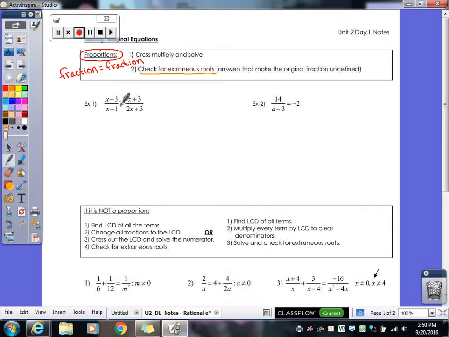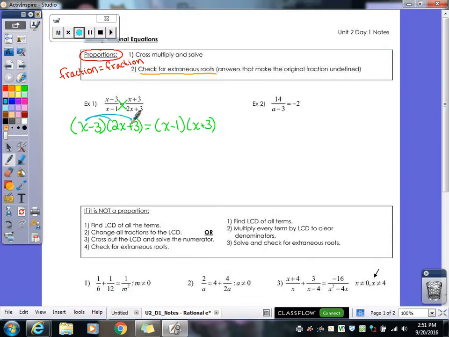Example 1 here. So we have one fraction equals one fraction, so we need to cross multiply. I'm going to do x minus 3 times 2x plus 3, and that's going to equal x minus 1 times x plus 3. When we cross multiply, they then become equal. So we're going to do our distributing.